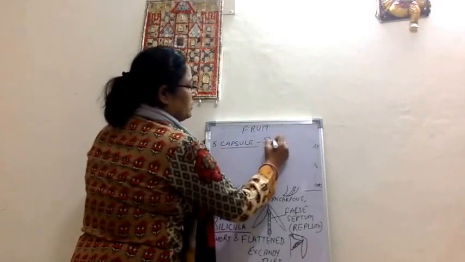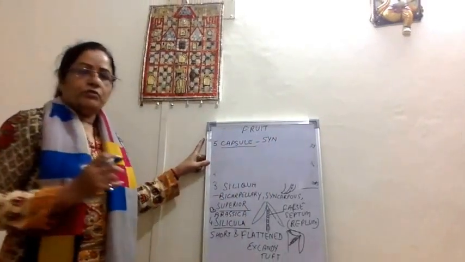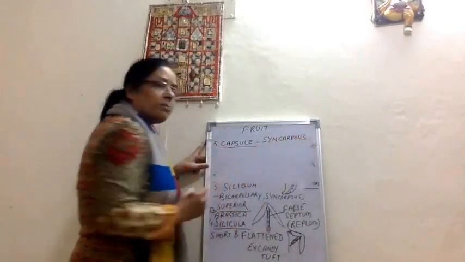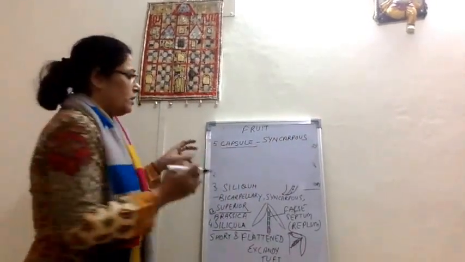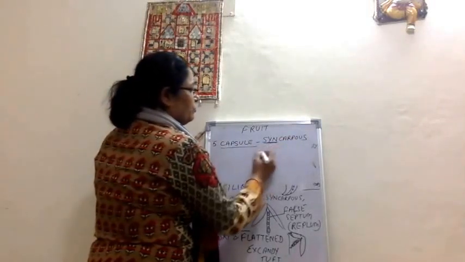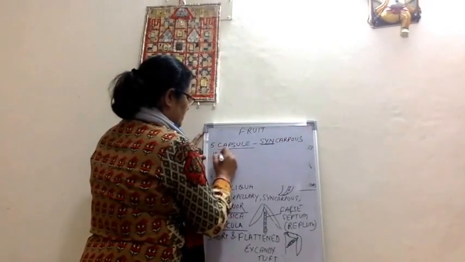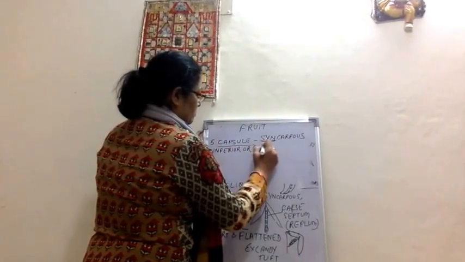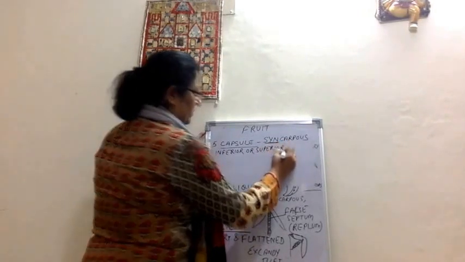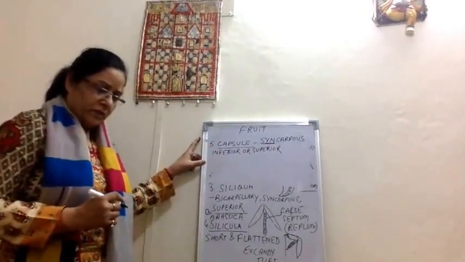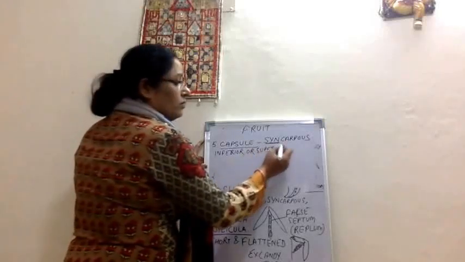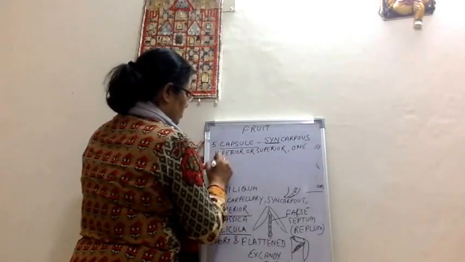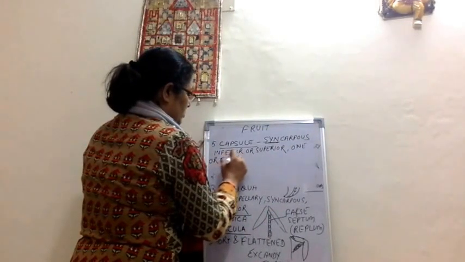Syncarpous means fused ovary. Apocarpous means they are free. Syn means fused, inferior or superior, one or more chambered.